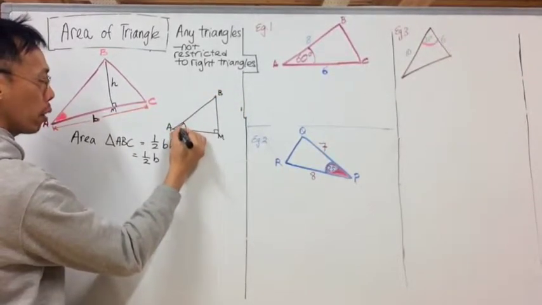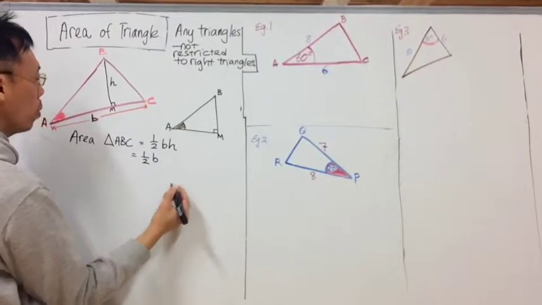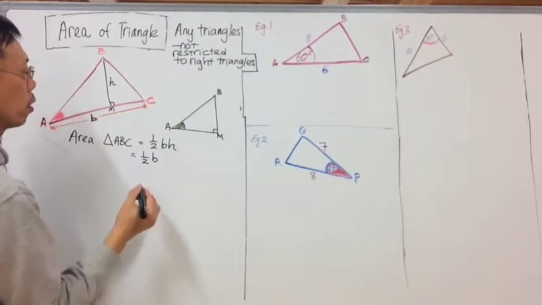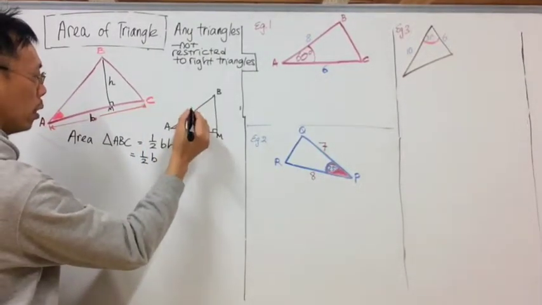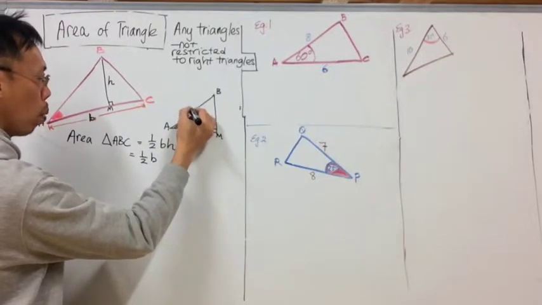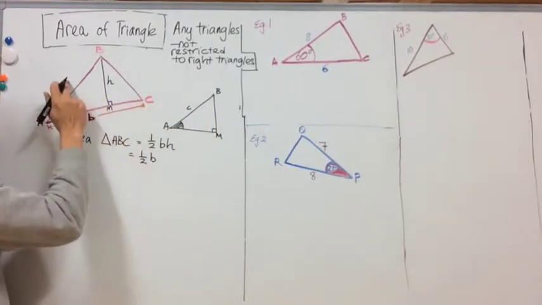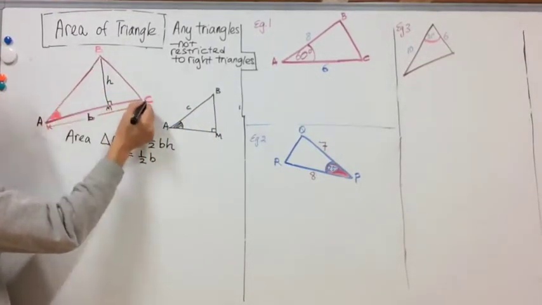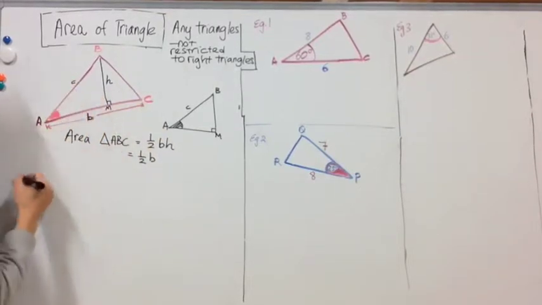A is known, and let this be small c, because the side AB opposite capital C is small c.